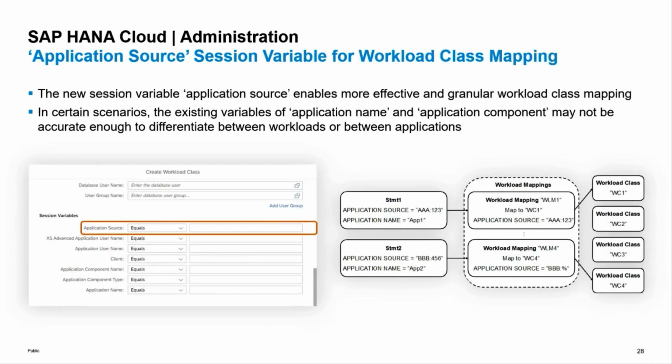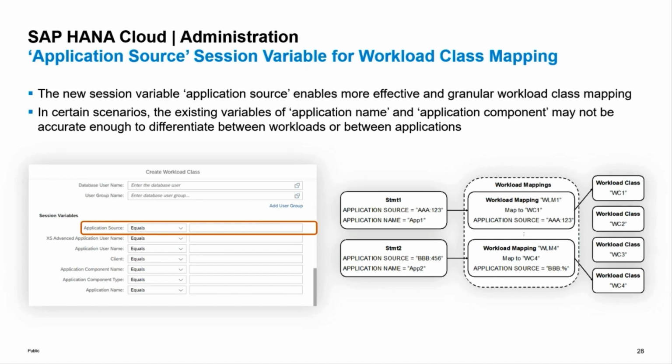All right, the last feature that we want to point out here in the administration topic is that a new session variable for workload class mapping is added. That session variable is called application source. This variable enables you to more effectively map your workload classes, giving you a more granular way to map them.